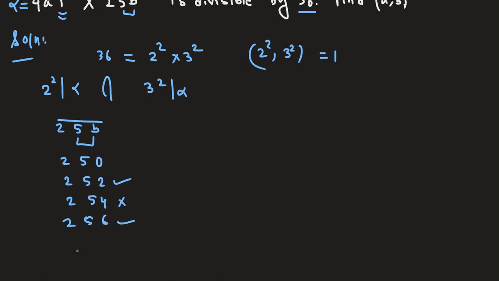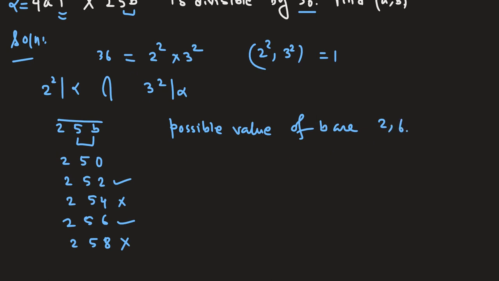After 25 and 6, what do we have? 8. Now 8 is not divisible by 4. 9 we can't take, 0 we already took. So the possible values of B are 2 and 6.